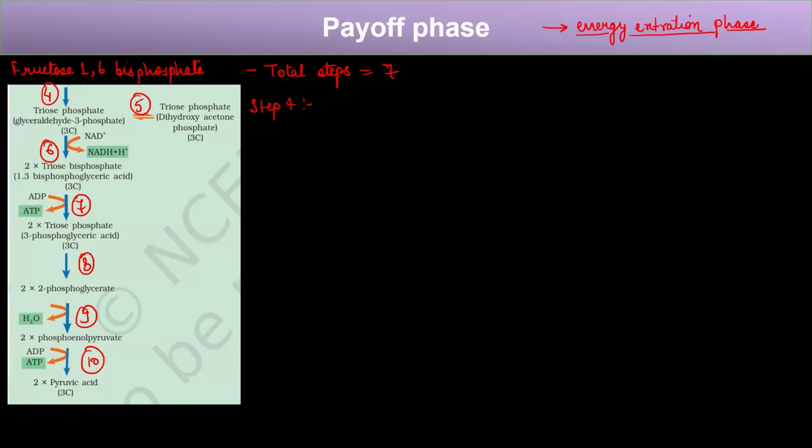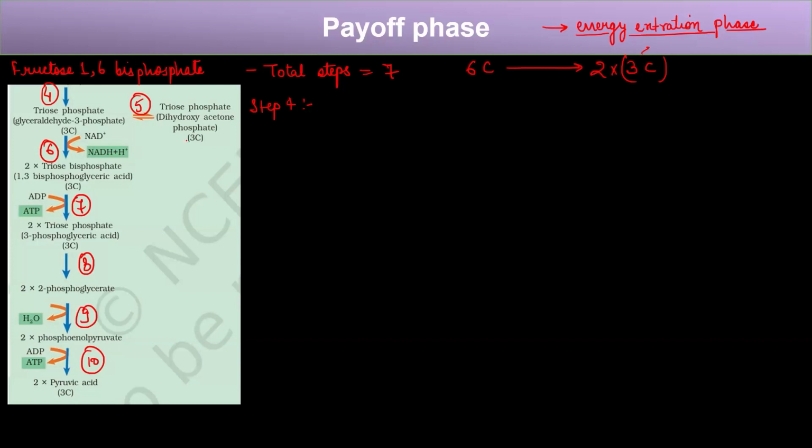Meaning that this 6 carbon compound is getting converted into 3 carbon compounds, so each compound will lead to the production of 2 molecules of 3 carbon compound, right? Initially you had a 6 carbon molecule, and now it is getting converted into 3 carbon molecules, so 2 molecules will be formed. So 3 carbon containing compounds will be formed from now on in the payoff phase.